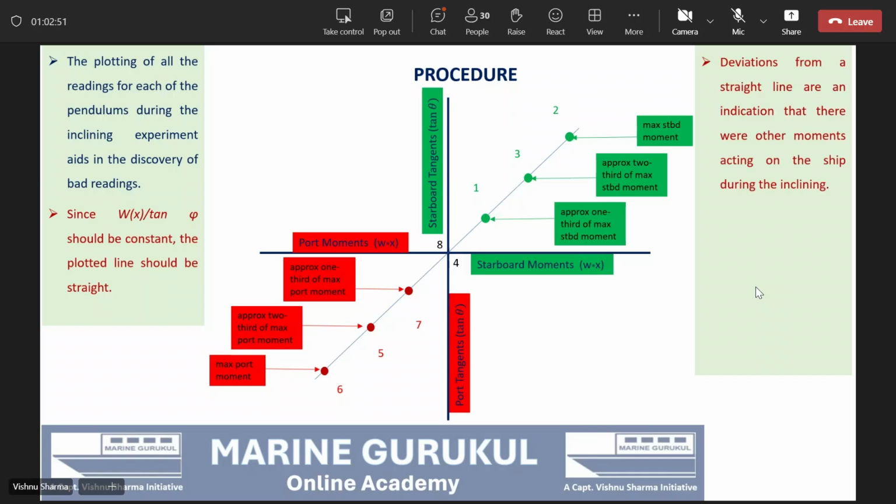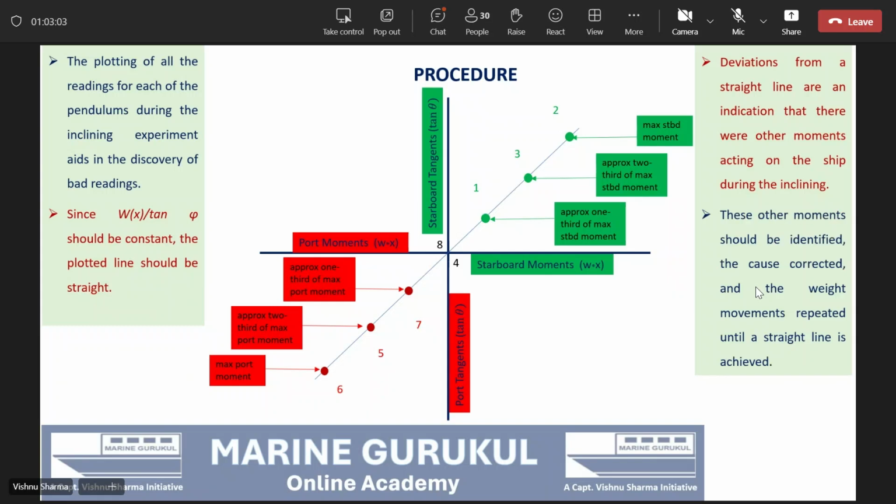Deviations from the straight line are an indication that there were some other moments acting on the ship during inclining. These other moments should be identified, their cause corrected, and the weight movements repeated until a straight line is achieved. This is how you make sure that the experiment is effective and efficient.